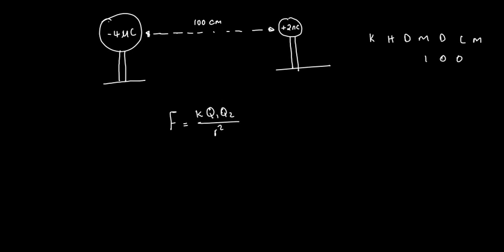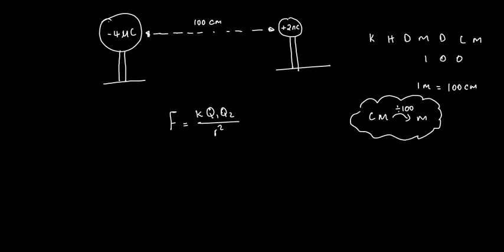So this means that 1 meter is actually equal to 100 centimeters. So in simple words, to move from centimeters all the way to meters, you just have to divide by 100. Very important skill we must apply there.